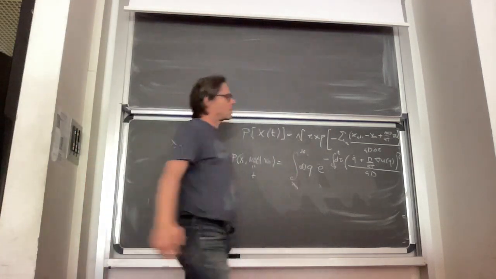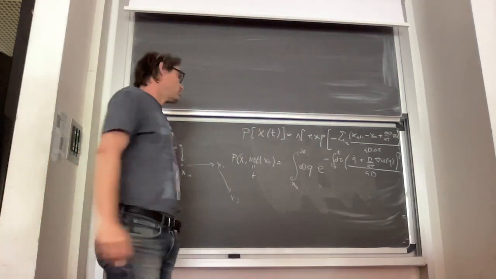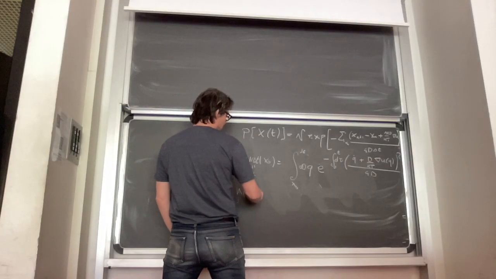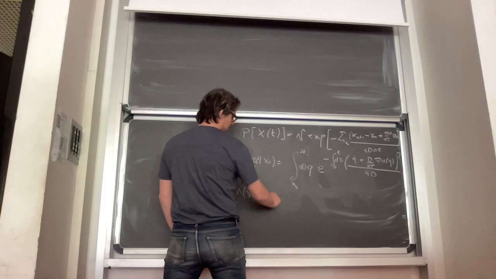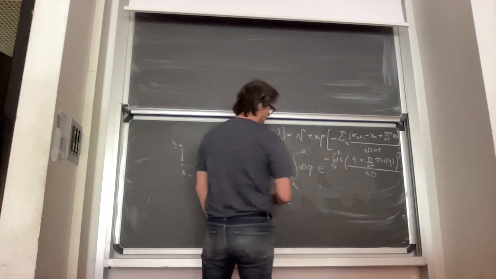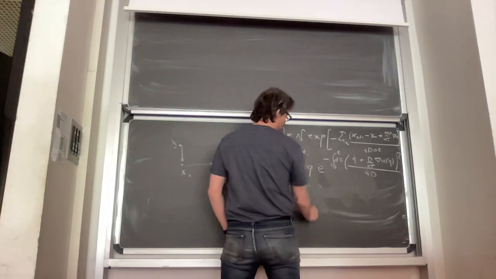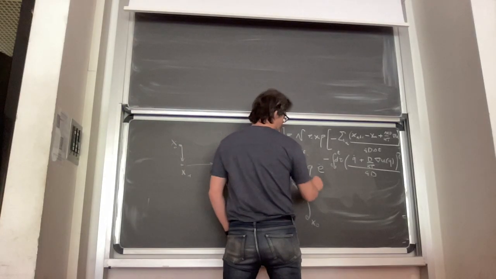And we reminded ourselves that this sort of resembled the expression for an imaginary time Feynman propagator. Or let's keep the conventional Feynman propagator for the moment, which is the one that solves the Schrödinger equation.